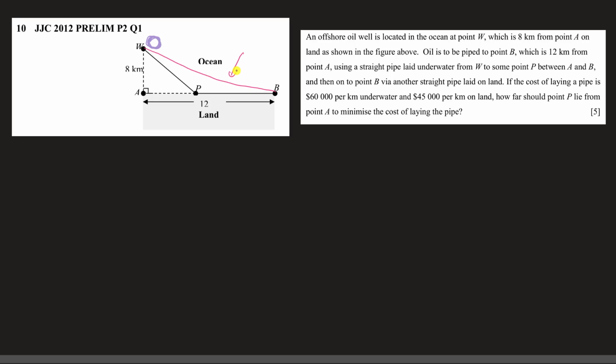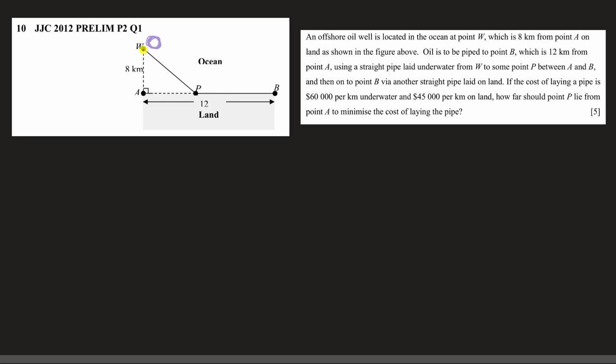Now the problem with this is, laying a pipe underwater is actually more expensive than laying on land. So you have to find the perfect combination of how much pipe to lay underwater and how much pipe to lay on land. Well, if laying a pipe underwater costs the same as laying on land, then it's rather easy, right?